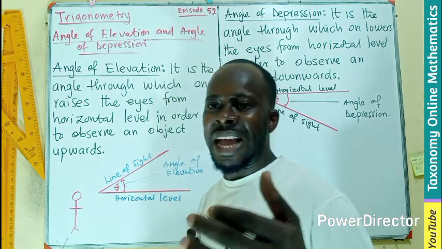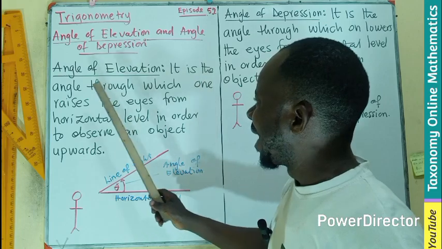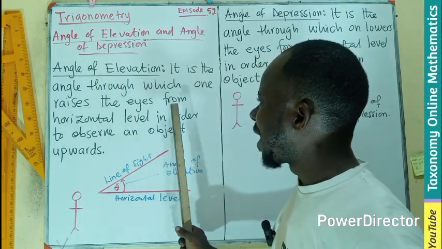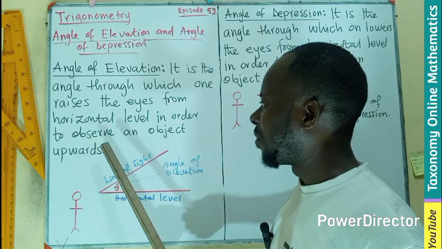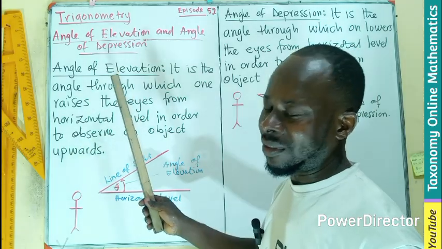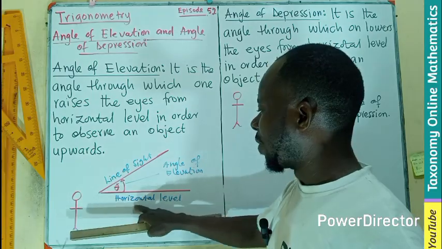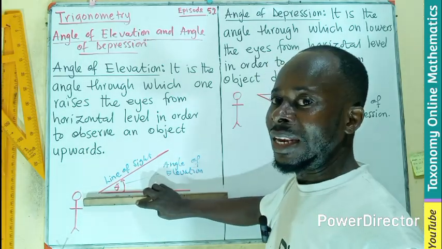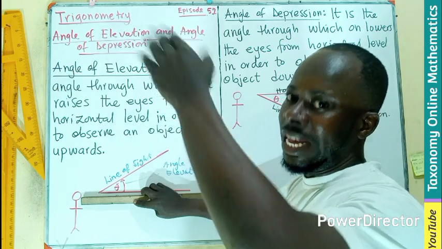So what then is the angle of elevation? The angle of elevation is just the angle through which one raises the eye from a horizontal level in order to observe an object above it. So if you are here and your eye level is the horizontal level here, this is how you can watch directly at your eye level, at your height.